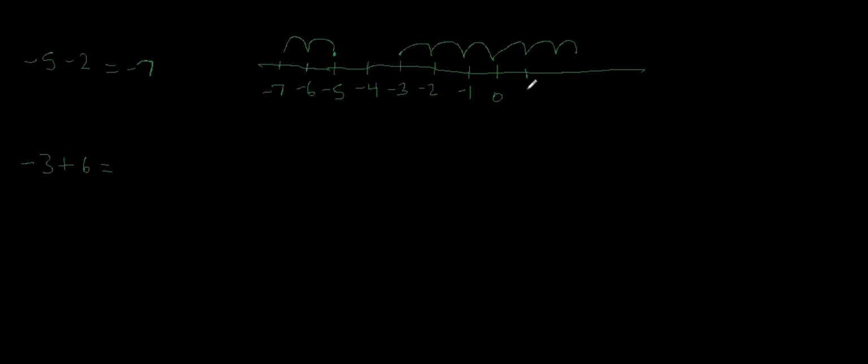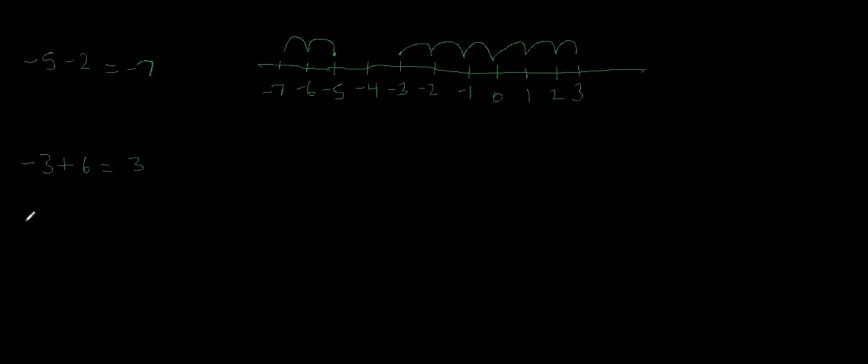So I'm at negative 3 and I add 6, so I move 6 places to the right. I would get 3.